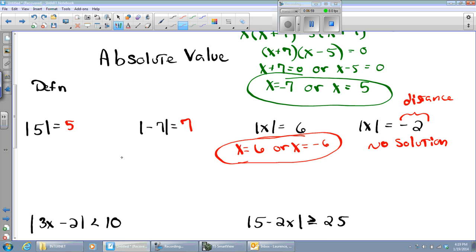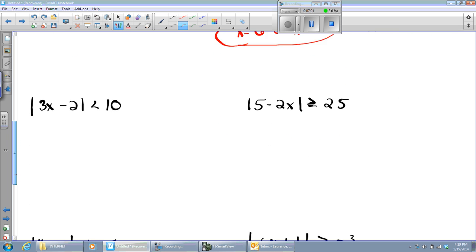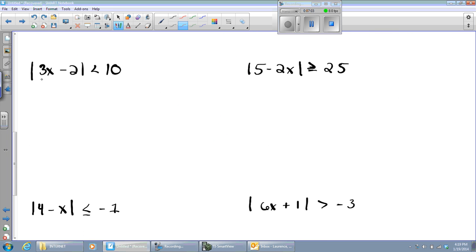All right. Now, jumping down here, when I have the absolute value of 3x minus 2 is less than 10, this is an and, right? So I'm going to write 3x minus 2 is less than 10, and 3x minus 2 is greater than negative 10. And I'll solve both parts for x.